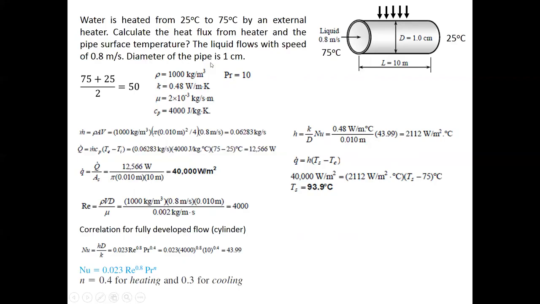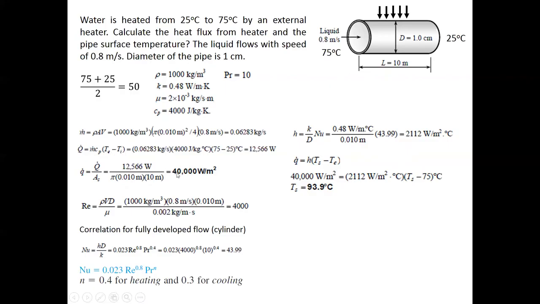So the next step is to find the m dot, because we want to find big Q. So m dot is equal to density times the cross-section area times the speed. Okay, you have all the information, so you can calculate the m dot. Next, you want to calculate the big Q by using m dot cp delta T. You have m dot, your cp from your table, and your temperature difference, 75 minus 25.